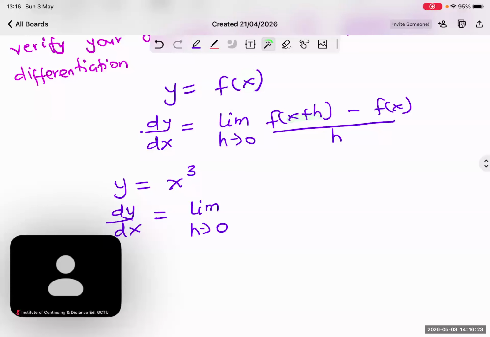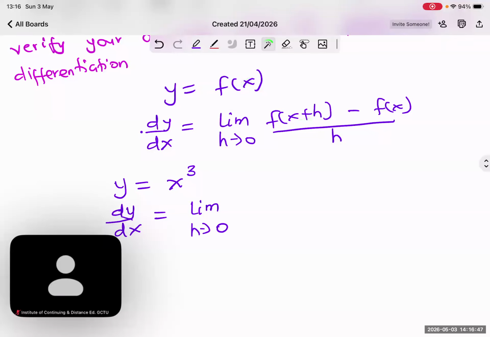Given y is equal to f of x, the second part of the formula, which is f of x plus h, if you compare it with the original function, the only thing that has changed is it looks as if we have gone into the bracket. Whatever the f is containing, we have removed it and replaced it with x plus h.